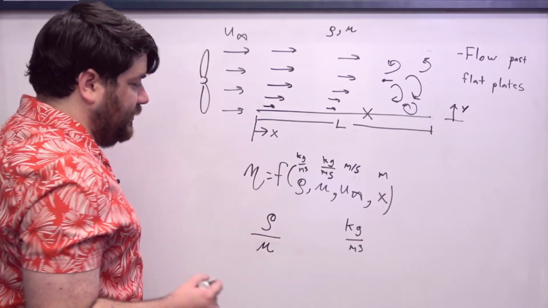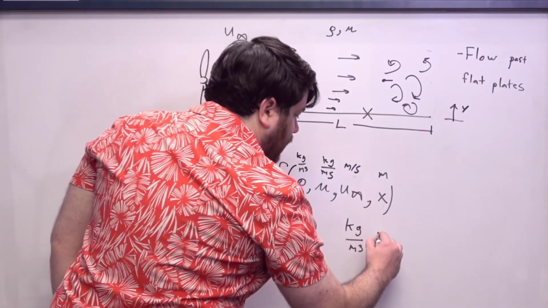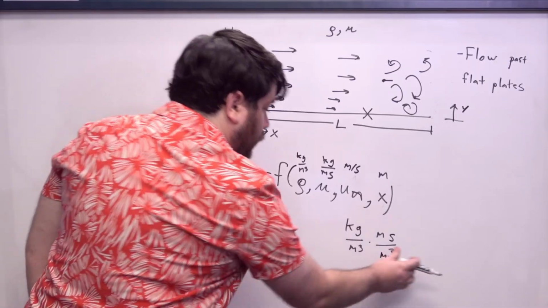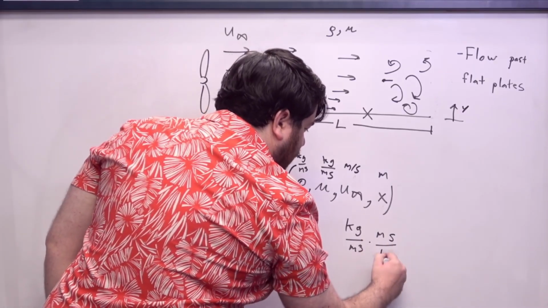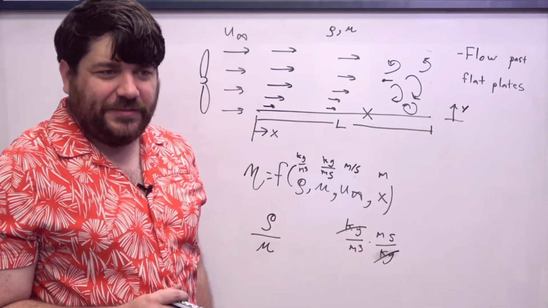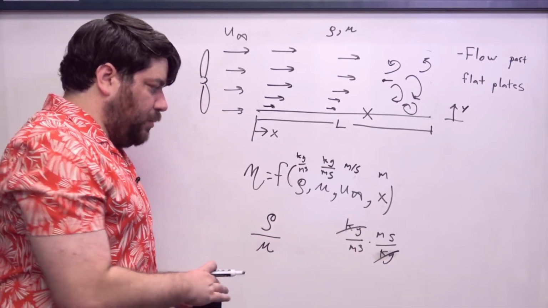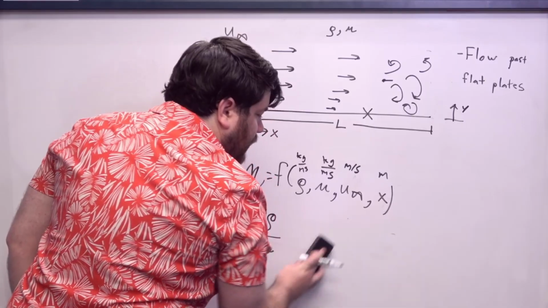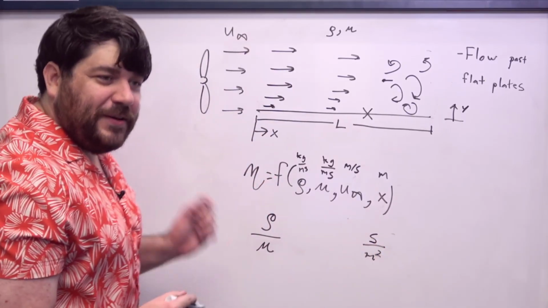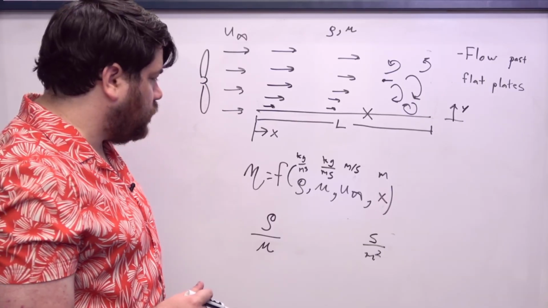And if I do that, then I get meters times seconds divided by meters cubed. Oh, pardon me, divided by kilogram. Both of these things cancel out as expected, and what we're left with is seconds per meter squared. So that's the units of this little dimensional combination.